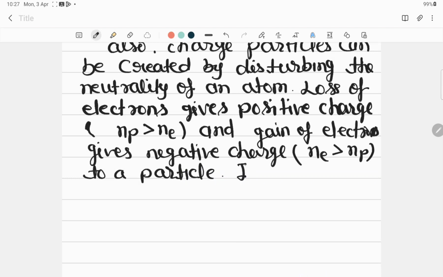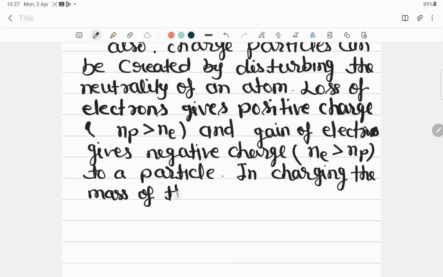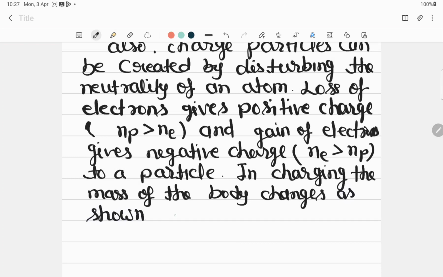So in charging, the mass of the body changes as shown below.